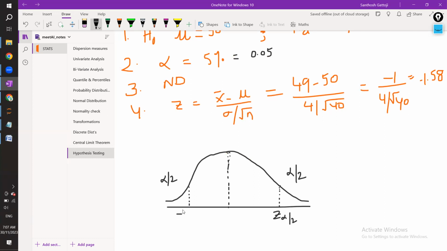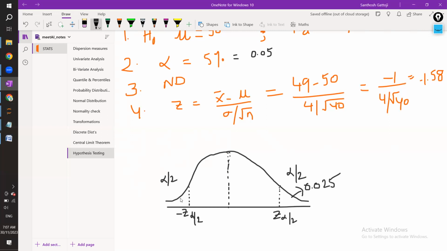This will be minus Z at alpha by 2, so this will be 0.025. Alpha is 0.05, so alpha by 2 will be 0.025.